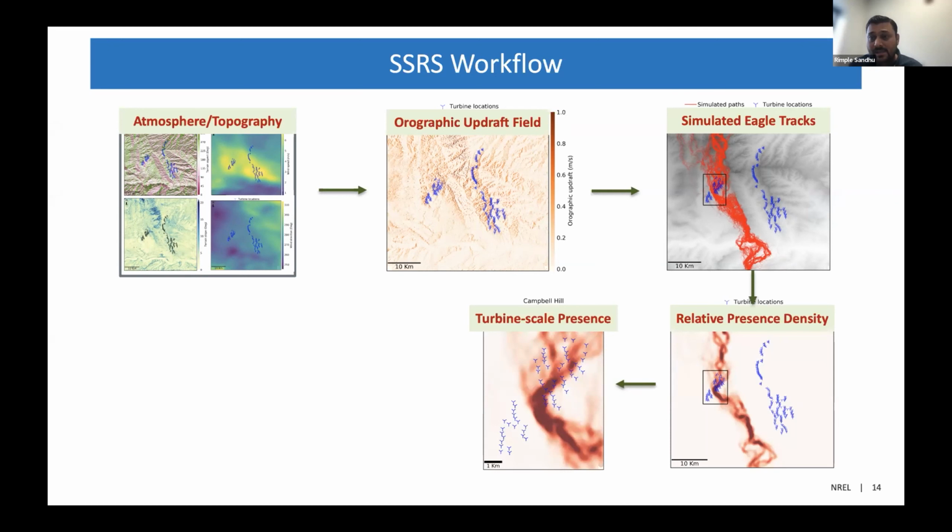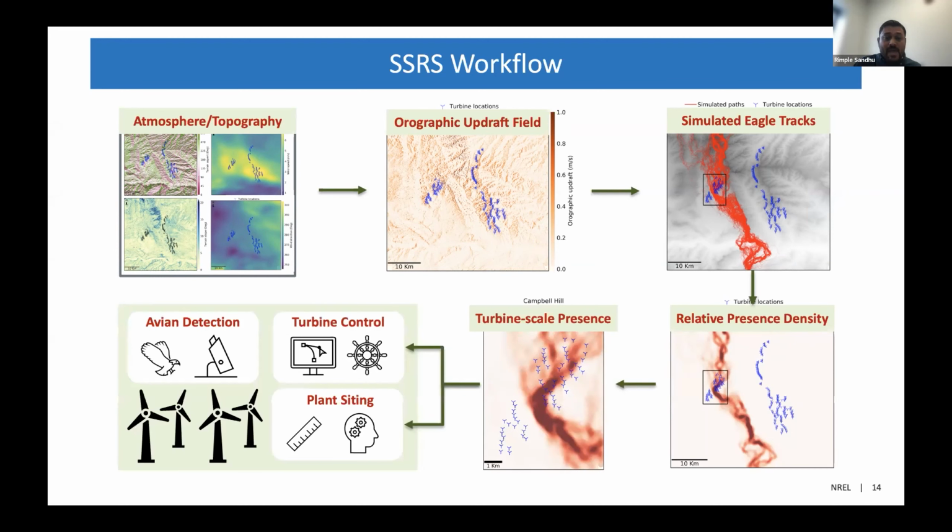So now we can say which turbines for a particular power plant are more likely to be in the routes of golden eagles traveling in this direction. And from that, we can feed that information to the turbine control or plant siting so that we can take appropriate measures. And if you have avian detection systems like identified flight systems, you can then feed that information back to the SSRS to update the location of the golden eagle and the wind conditions.